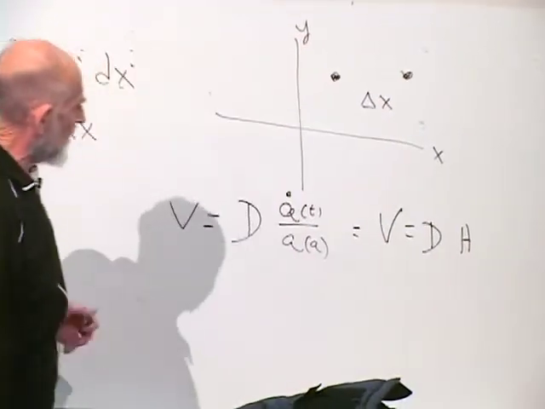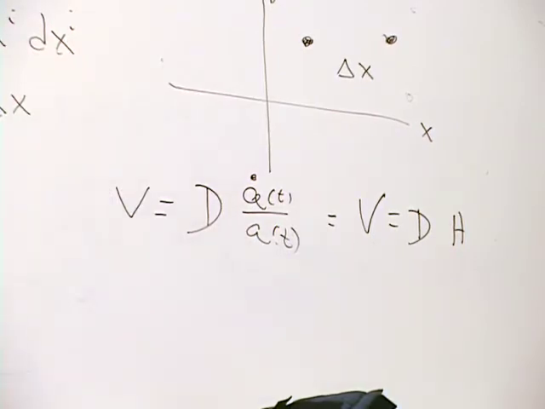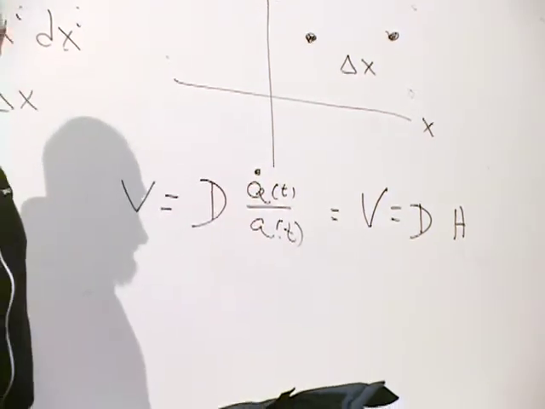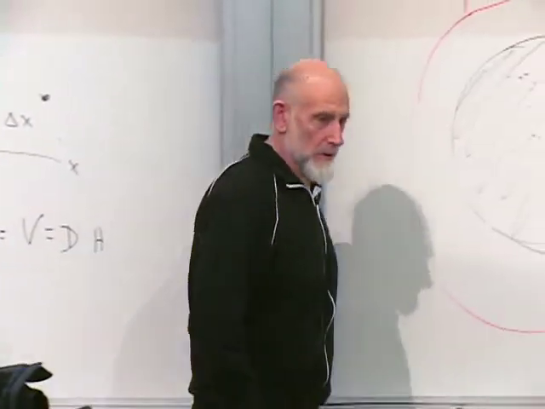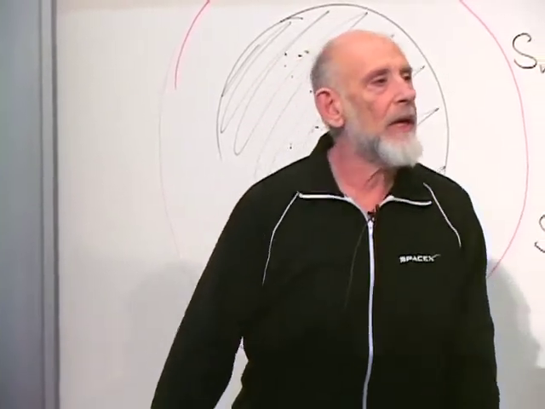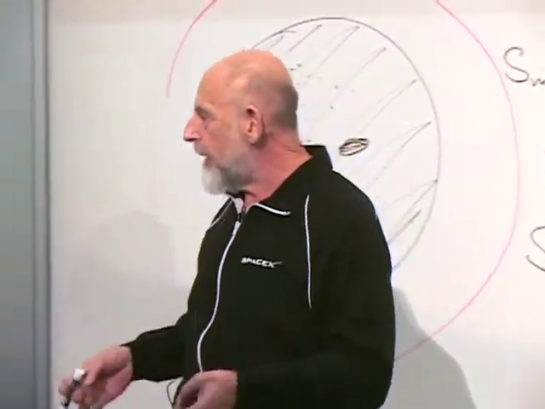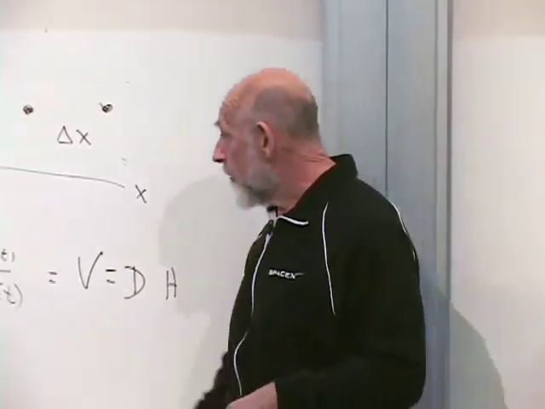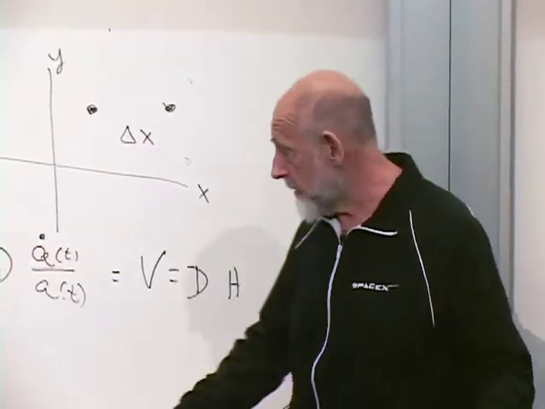Why do we call it a constant? If a is a function of time, and a dot can be a function of time, in general the ratio can be a function of time. What do we mean when we say that the Hubble constant is a constant? We don't mean that it's a constant with respect to time. We mean it's a constant that doesn't depend on the pair of points that you chose. For any pair of points, at a given instant of time, the relation between velocity and distance between them is common to all pairs of points.